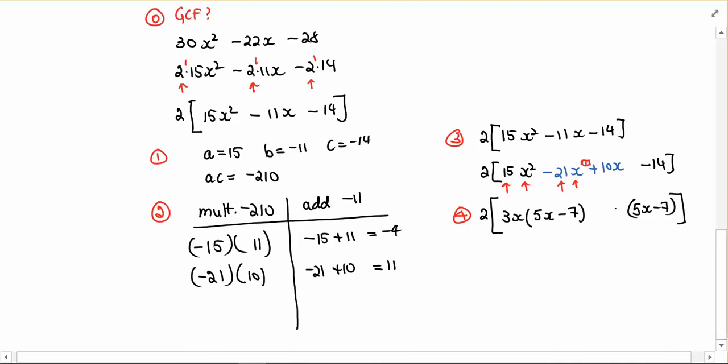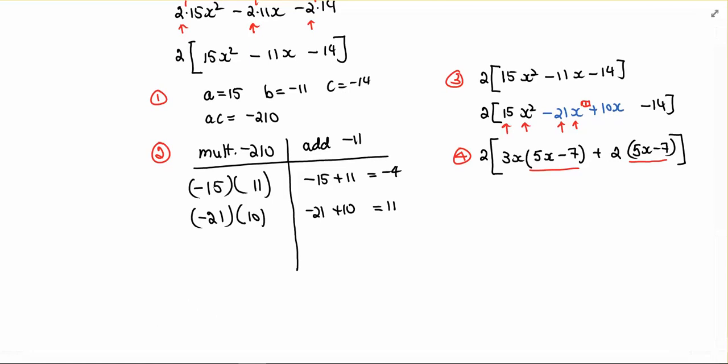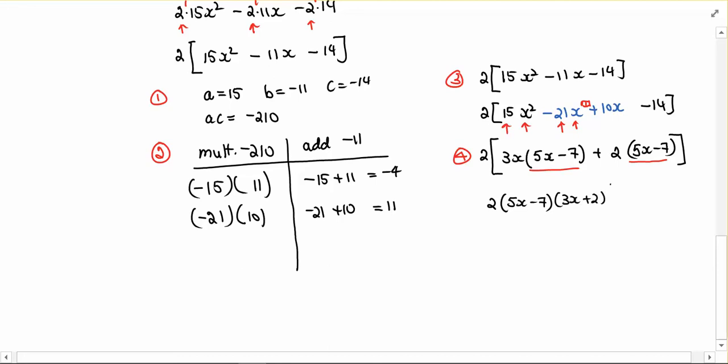And that means that this has to be a plus 2, in fact. 2 times 5, 10. 2 times 7 is negative 14. And these two are going to then factor out, and give me this. And there is my answer.